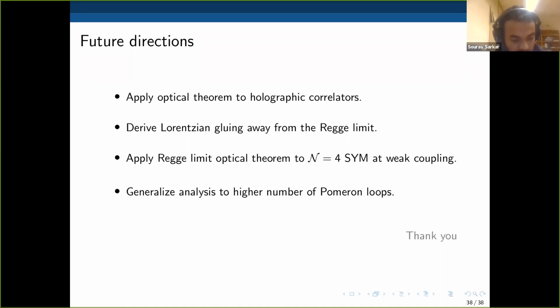But we don't know in general what these are. So I think the problem you are saying is not here. We don't have it here. Does that answer your question? If you in principle want to apply it to n equals 4, you will have this problem.